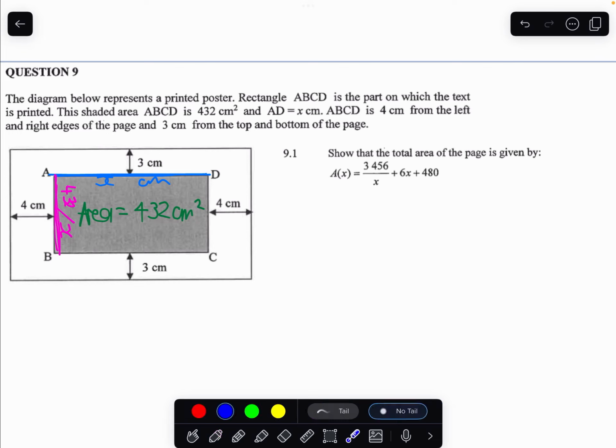If this was 10 centimeters, then this would be 432 over 10. Whatever I need to multiply this by in order to get an area of 432, that's what the side will be.